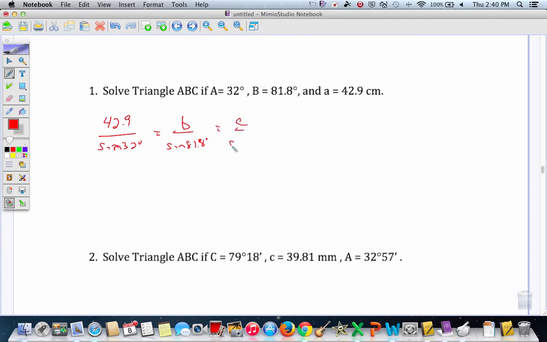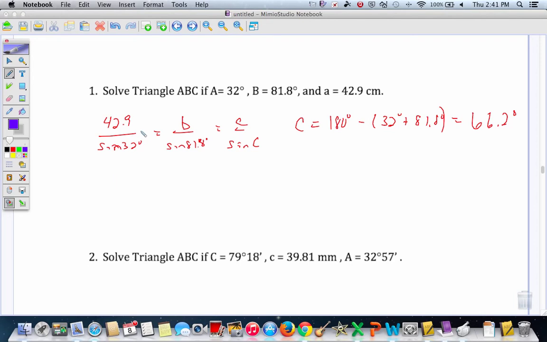And we don't know side c, nor do we know angle C. However, we can find angle C pretty easily because we all should know the angle sum of a triangle is 180 degrees. I have two of my three angles, so I would subtract those two angles from 180 degrees and we get angle C to be 66.2 degrees.